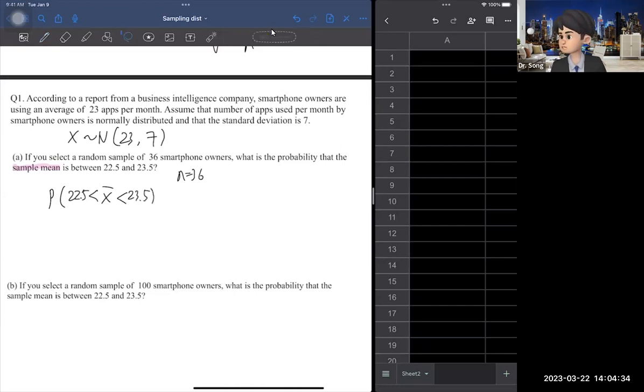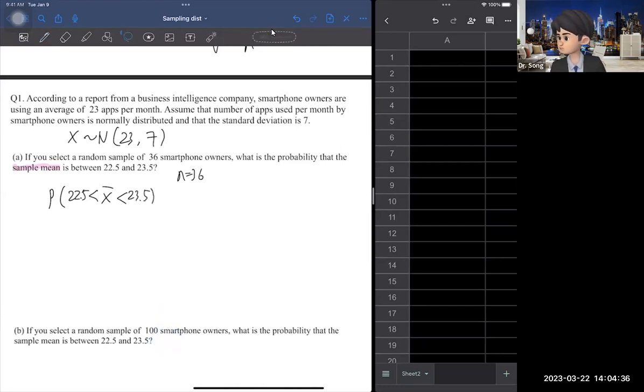From the previous page, we studied that X bar follows a normal distribution with a mean equal to 23, the same as the population mean, and the standard error, sigma of X bar, is 7 over square root 36. Once you do that, you can easily find this probability.